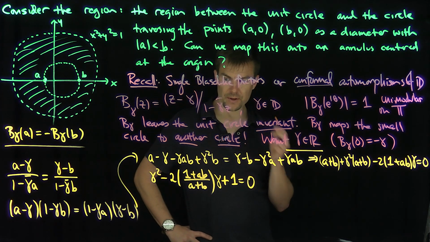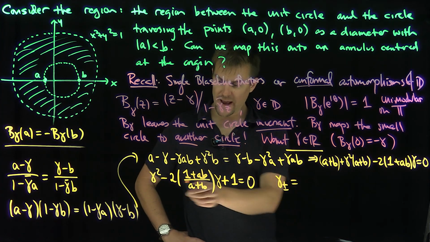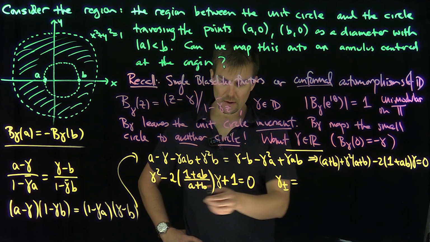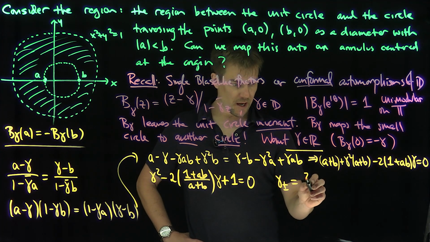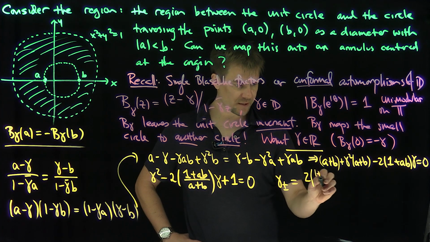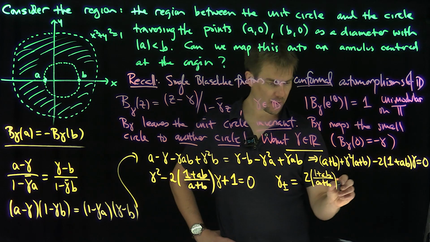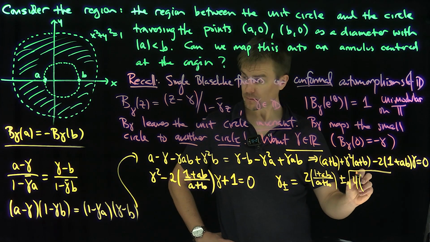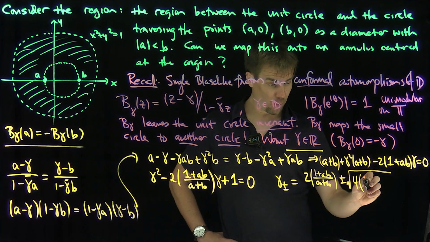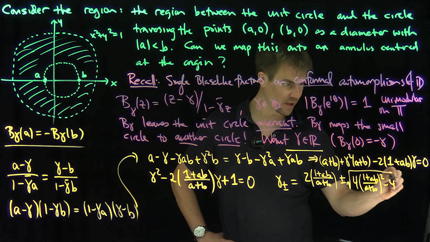So I'm going to get two roots from this. Where are the two solutions? γ plus-minus is going to be that whole mess: 2(1 + AB over A + B), plus-minus the square root of that thing squared, so that's going to be a 4 times (1 + AB over A + B) quantity squared minus 4, all over 2.